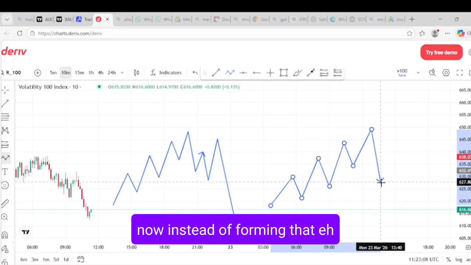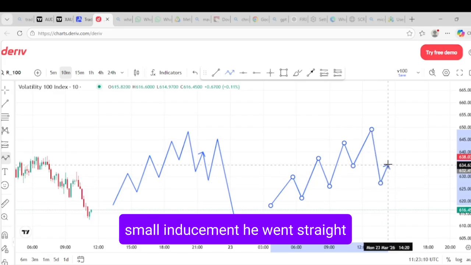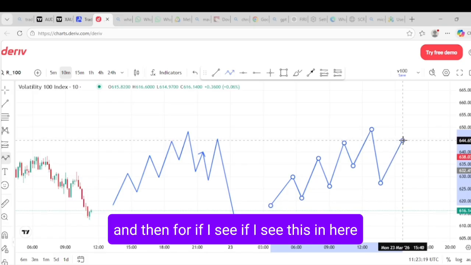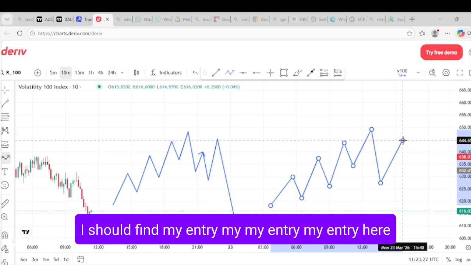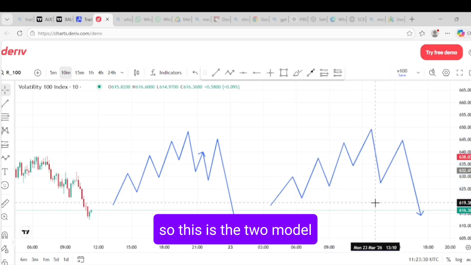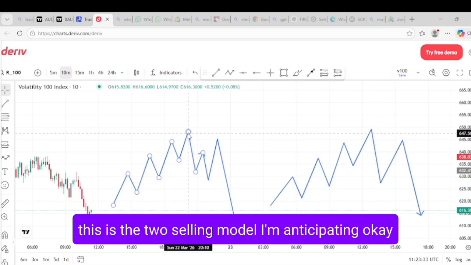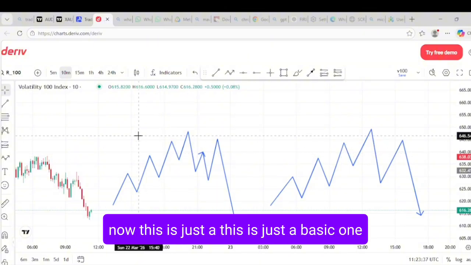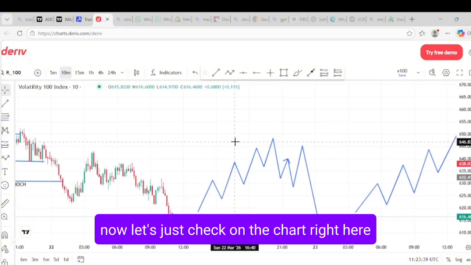Now, instead of forming that small inducement, it went straight to the order block, or this recent break of high here. It came straight up there, and if I see this here, I should find my entry here, and then I go down all the way to wherever I'm going. So these are the two selling models I'm anticipating. This is just a basic one. Now let us check on the chart right here.